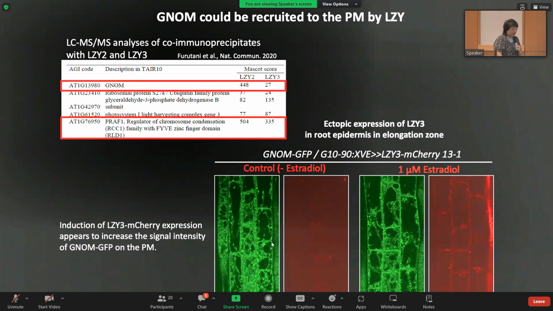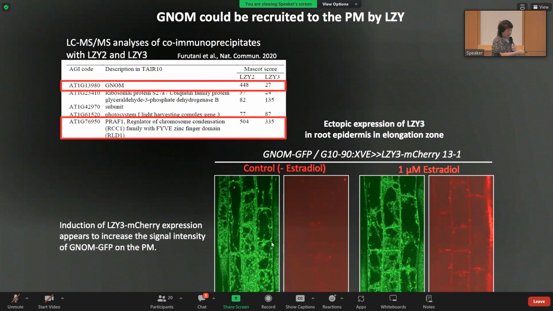But we couldn't detect interaction between LAZY and GNOM in the yeast two-hybrid system. So in root epidermis, most of the GNOM-GFP signal was found in the Golgi and cytosol, but weak signal is also observed on the plasma membrane.